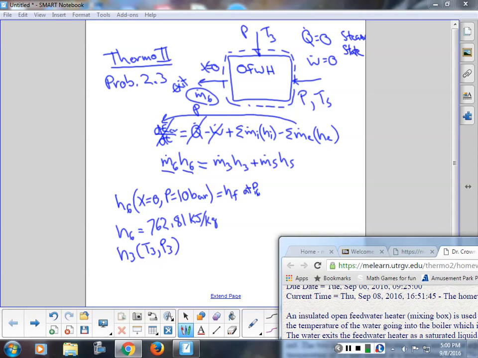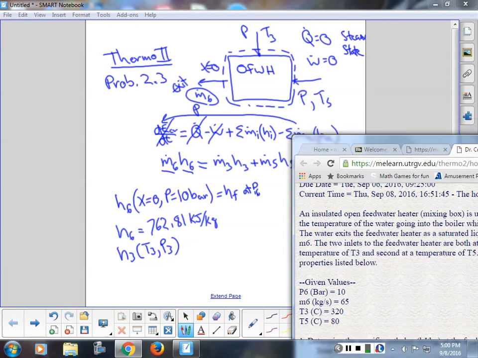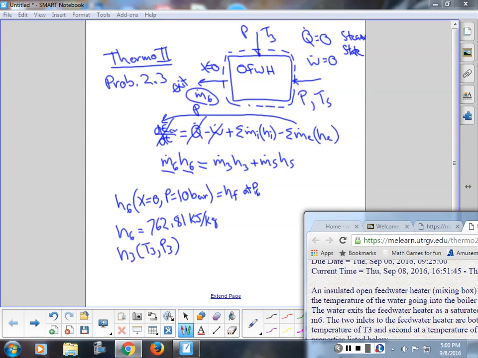T3 is 320 degrees C. So I go to the superheat tables, 10 bar, 320, and I get an enthalpy of 3093.9 kilojoule per kilogram, right, from the superheat table.